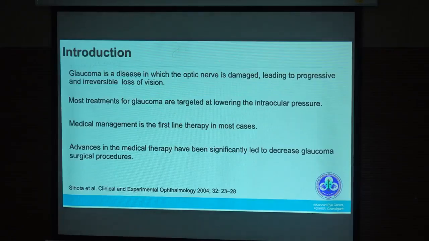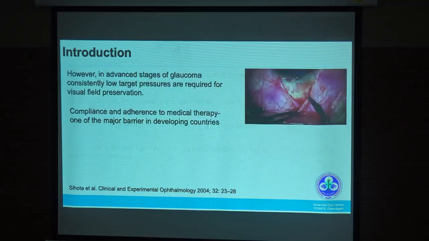Till now, we have only one way of treating, which is to reduce the IOP by means of medication, laser or surgery. In the advanced stage you definitely need a low target pressure for preservation of the visual field, and because of compliance and adherence issues you also need to perform glaucoma surgery.